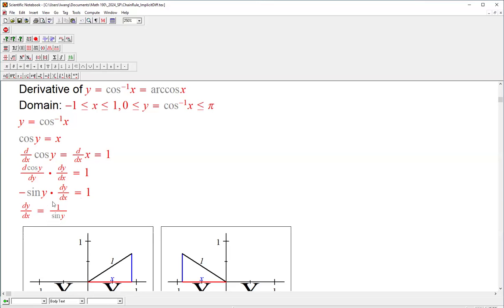We're dividing both sides by negative sine of y, so we put a negative sign in front of it. Now the question is, if we know cosine y, can we find sine y? We just went over knowing cosine y equals x.